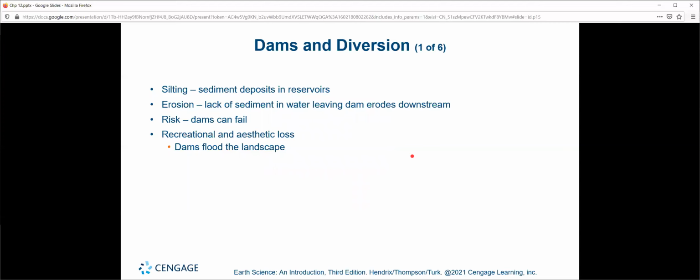River's a lot less exciting. Maybe people aren't going to go there as often, right? Aesthetic losses, dams can flood landscapes, create new floodplains, push people out of their houses and homes. Look up the construction of any major dam sort of before the 60s, then you'll hear and you'll read stories about people losing their property and stuff like that because the dams make where they've lived unviable.